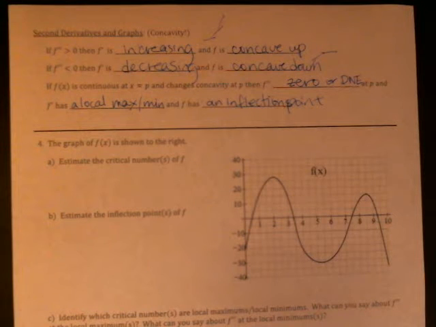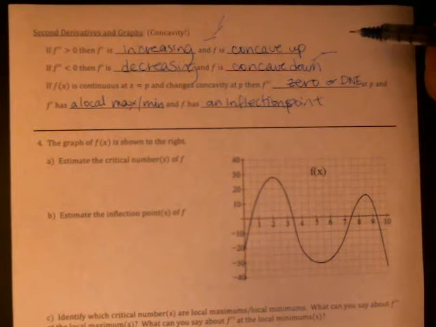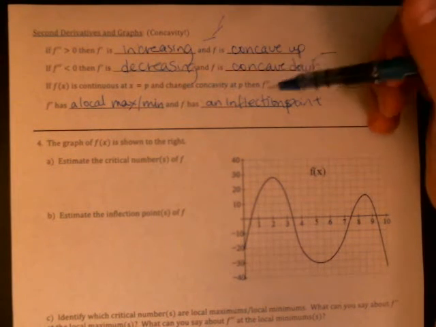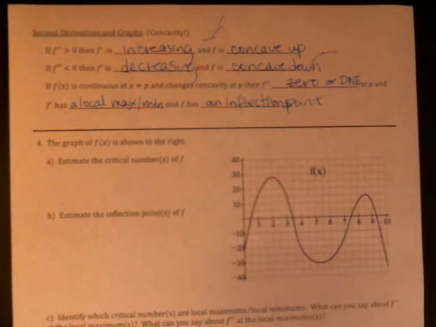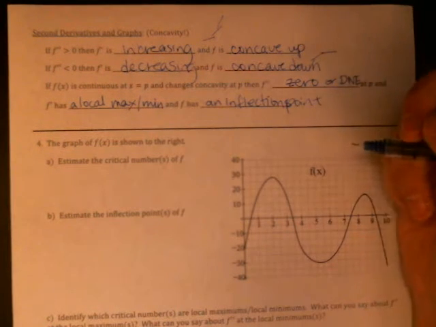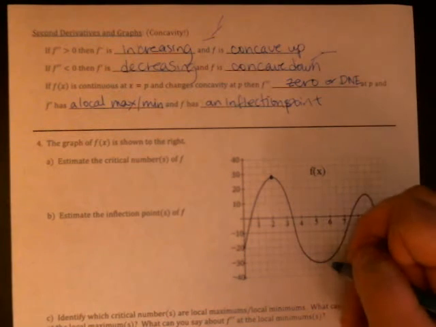This graph is just going to be something we look at to identify some critical numbers, inflection points, stuff like that. So here's our function f of x. We want to figure out what the critical numbers are. Remember that critical numbers happen when the derivative is 0 or undefined. So this function has flat spots.